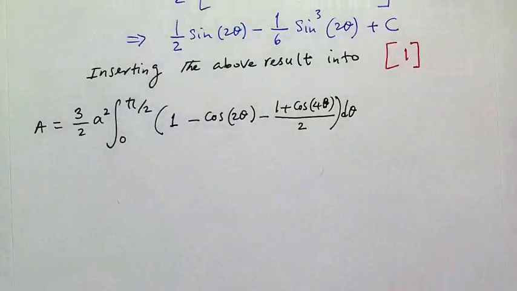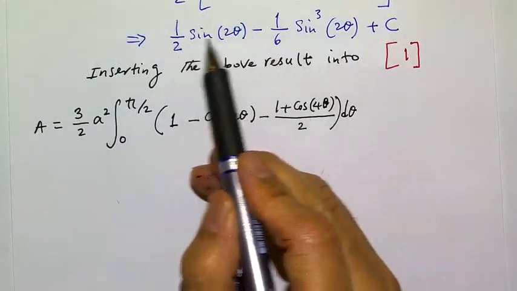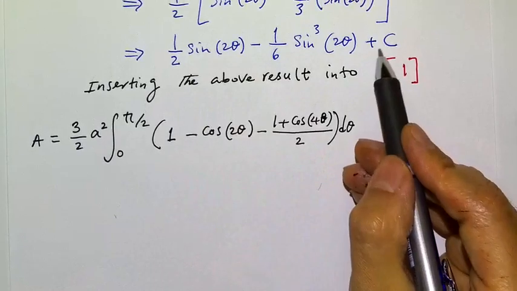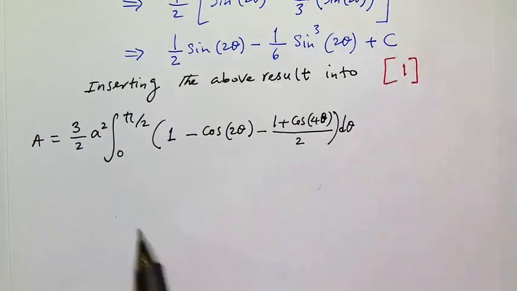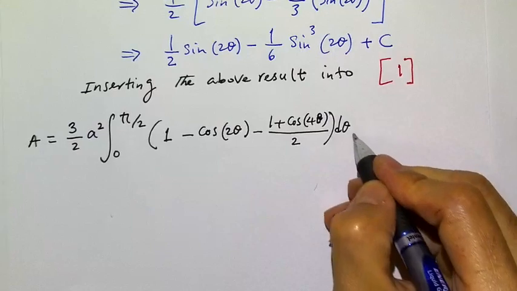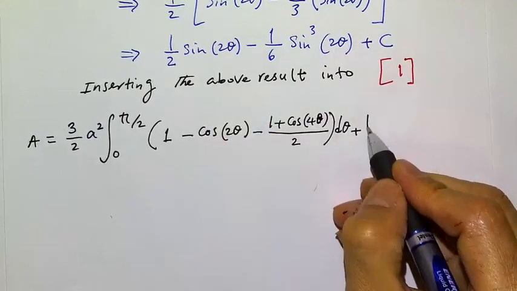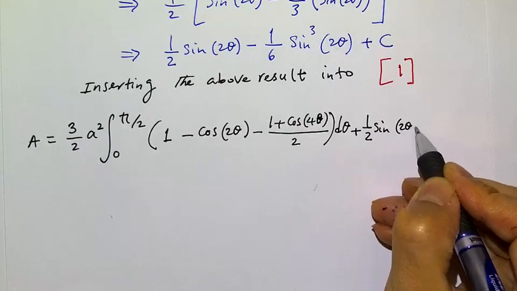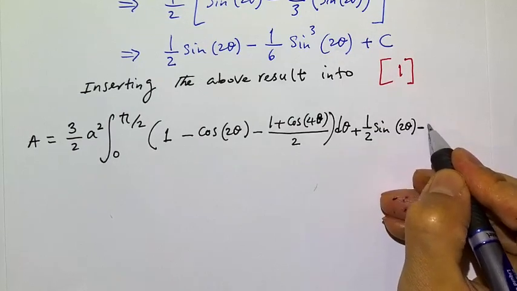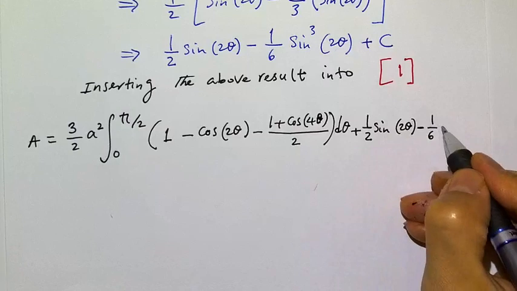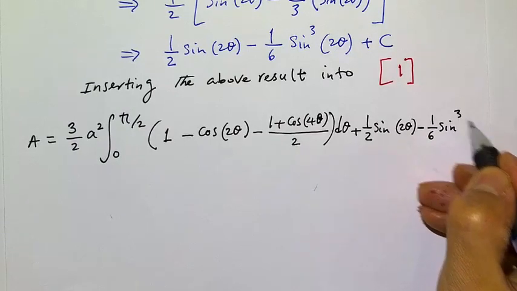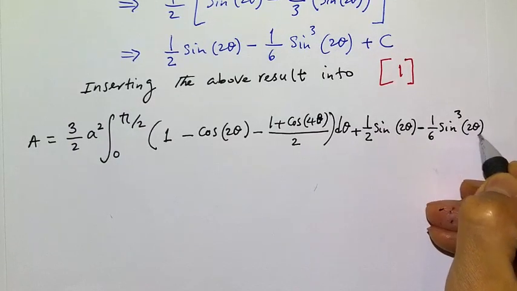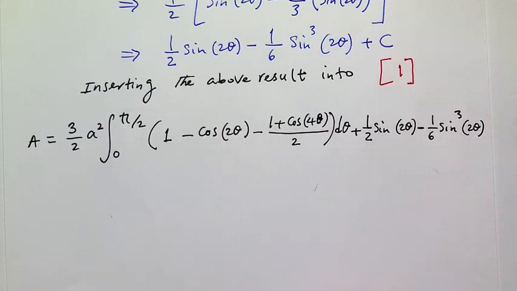So the result was all of what you still see on the screen. But I'm going to drop the c. Okay, so plus 1/2 sine 2 theta minus 1 over 6 sine cubed 2 theta. Okay.